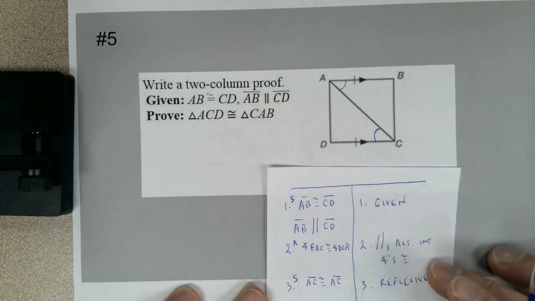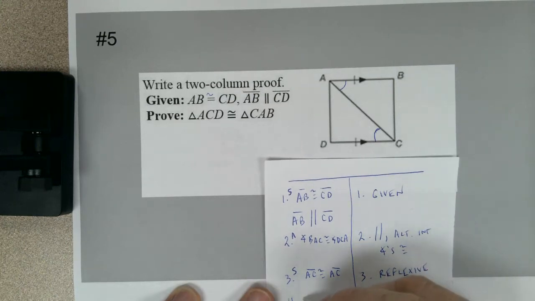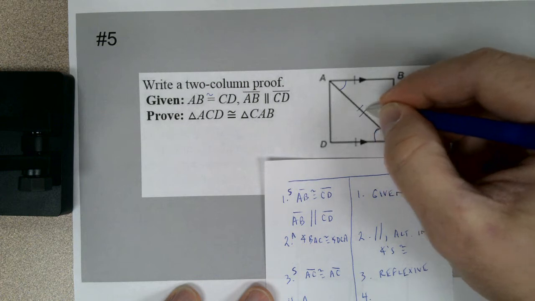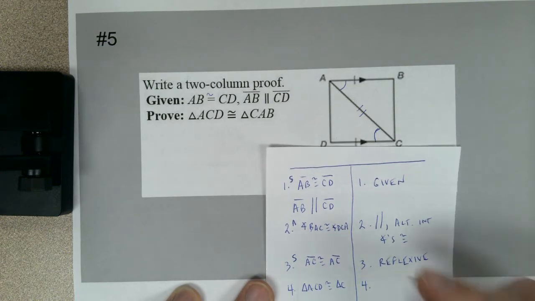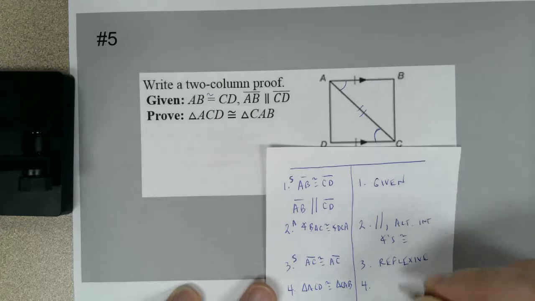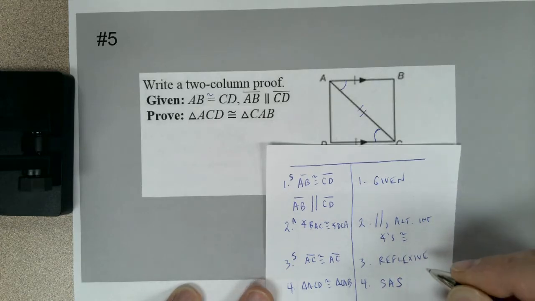And I can now prove the two triangles congruent. If I mark those beside there that they share, triangle ACD is congruent to triangle CAB by side, angle, side.